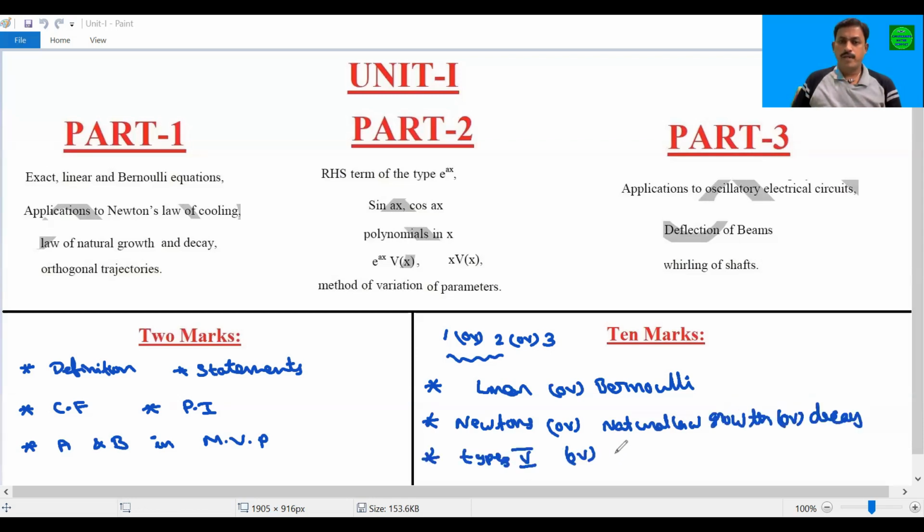In the 5 types you may expect a problem, or we may expect a problem from MVP. In Part 3 you will have a problem from any one of the applications. So better you go through this concept to attend a problem in Unit 1.